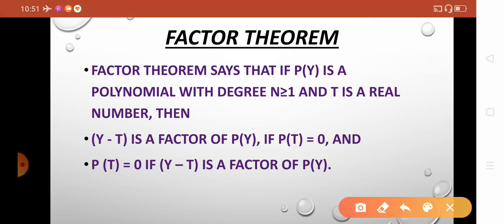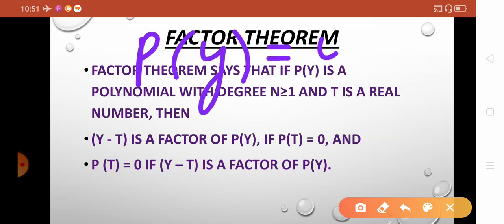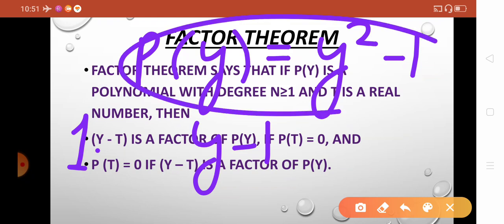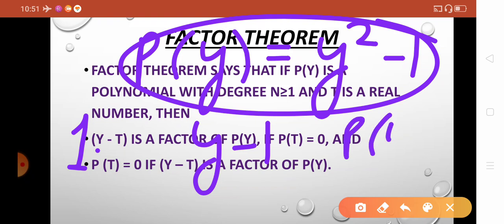So what does it mean? For example, you have a polynomial y square minus 1, and you have a real number 1. y minus t, that means y minus 1, is a factor of this polynomial if and only if p(y), that means p(1), comes out to be 0.